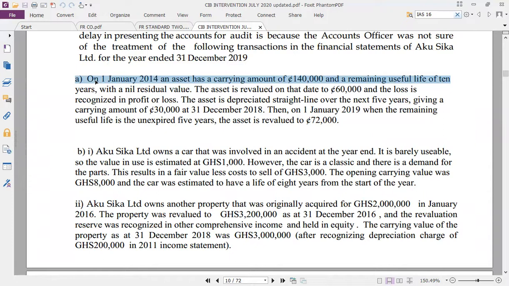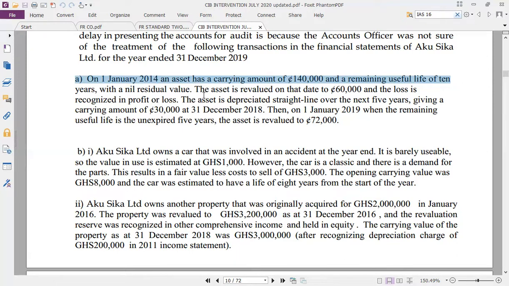It says that on January 1st, 2014, an asset has a carrying amount of 140,000, and the remaining useful life of the asset is 10 years with no residual value.